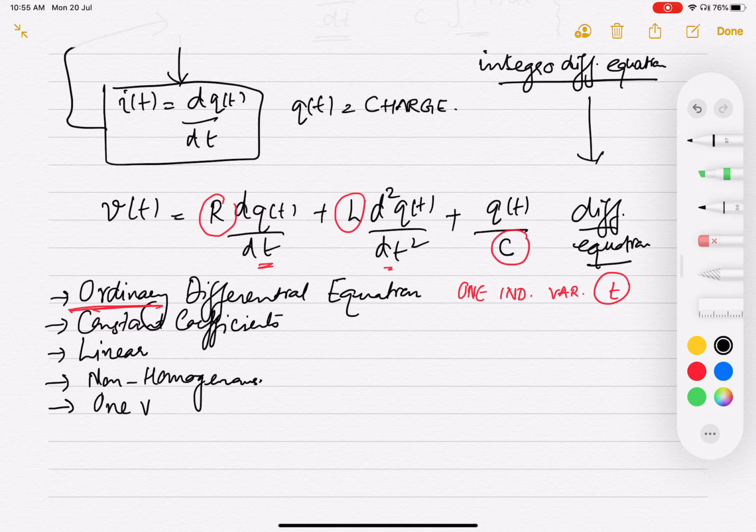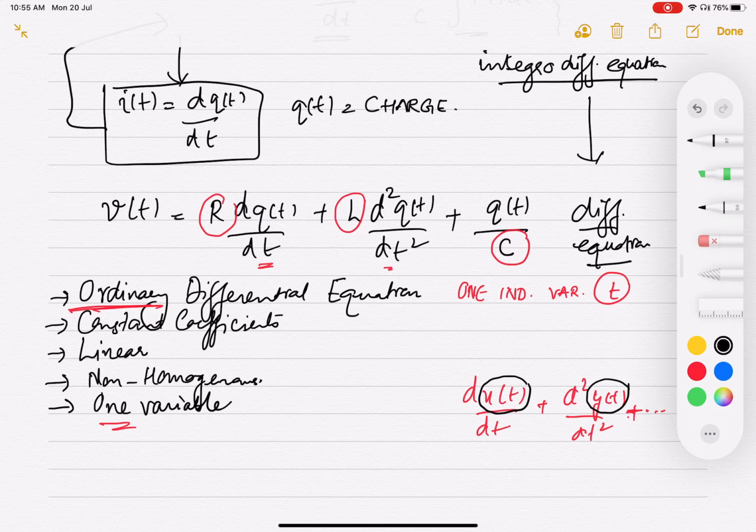You could have a differential equation with a number of variables, for example dx(t)/dt plus d squared y(t)/dt squared plus so on and so forth. Here the dependent variables being differentiated are more than one. So this has only one variable which we are differentiating.